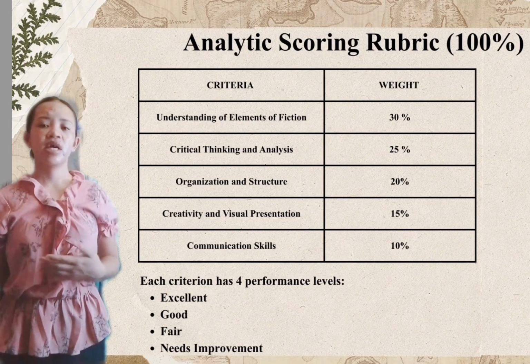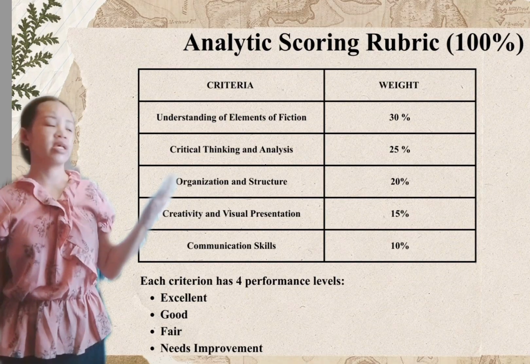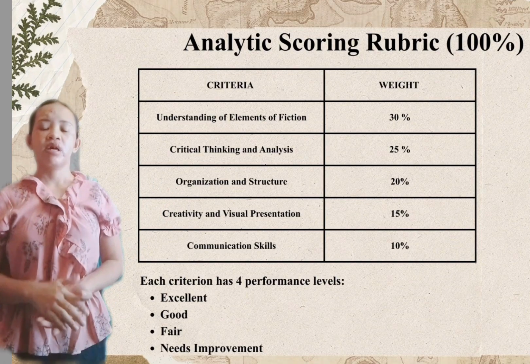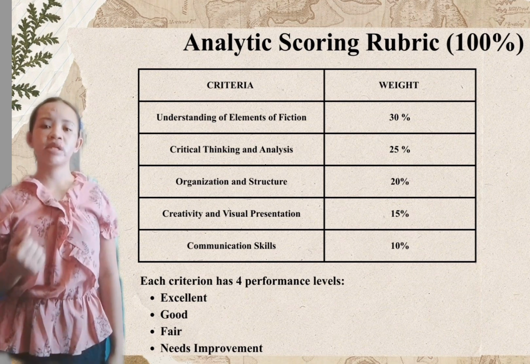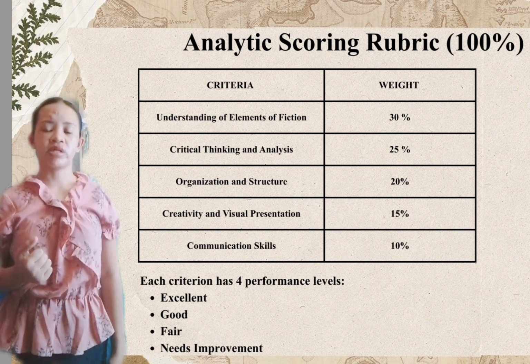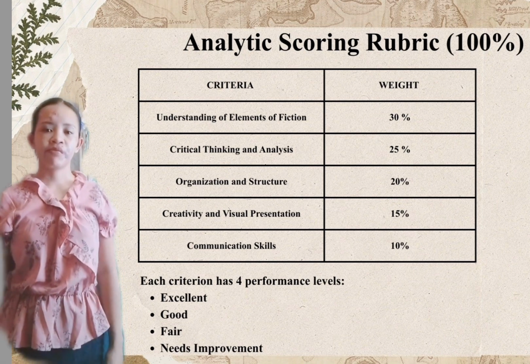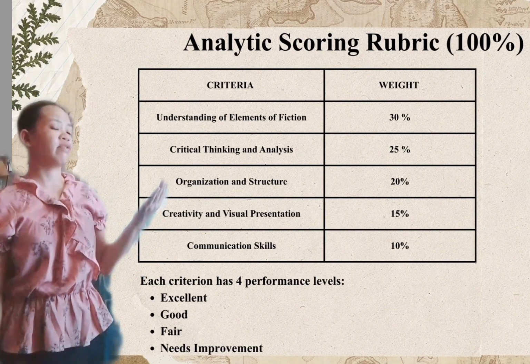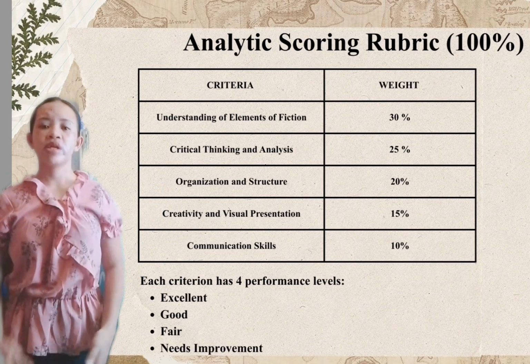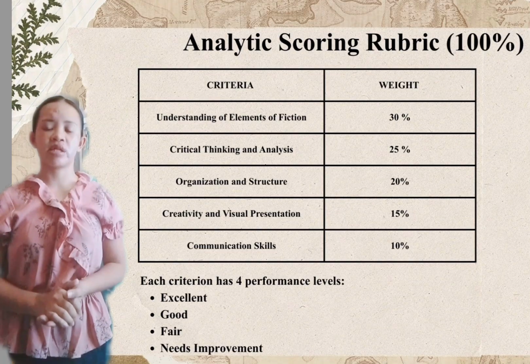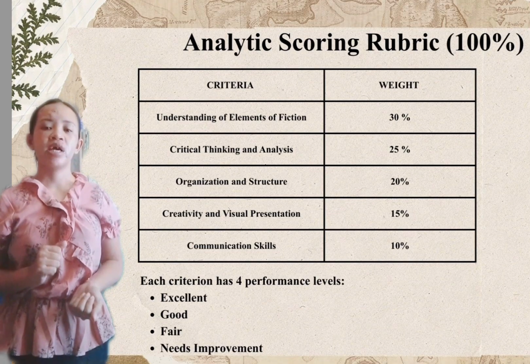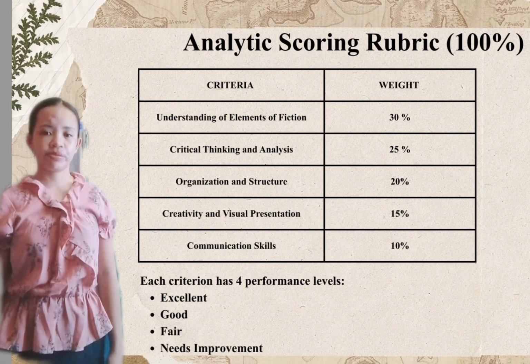And the third criterion is organization and structure with a 20% weight, which evaluates the clarity and logical arrangement of ideas. The fourth criterion is creativity and visual presentation, weighted at 15%. This assesses the use of visuals and creativity in the presentation.